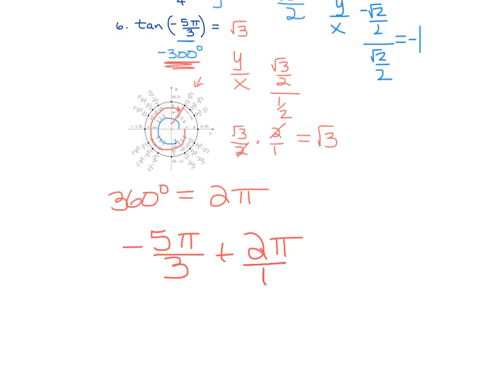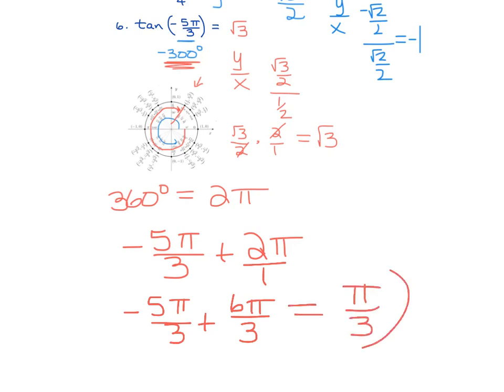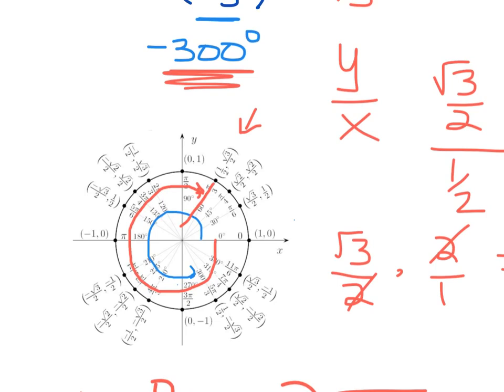I need to find a common denominator. So negative 5 pi over 3. My common denominator is 3. So this will become 6 pi. I'm going to add that, and I get pi over 3. This will tell me which coordinates to use. I would look for pi over 3, which is what was right here. And again, I got the same coordinates either way. So you can either graph the negative angle and then find the coordinates associated with it.